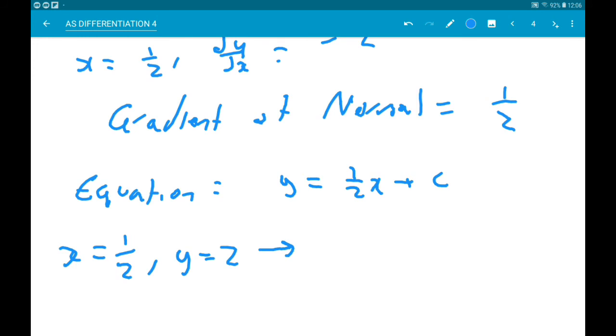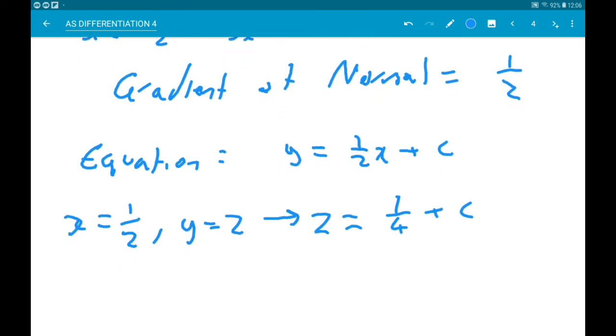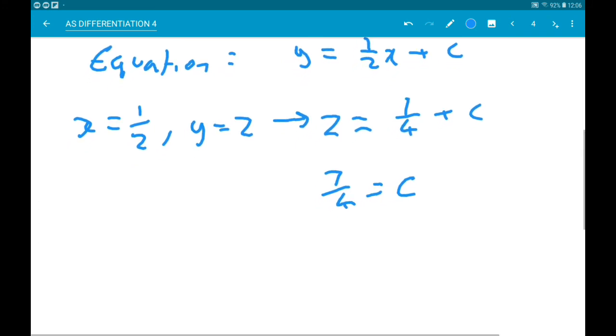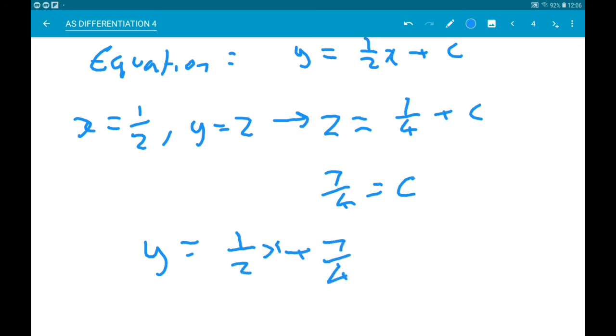So that is going to give us 2 is equal to 1/4 add c. From that, we get c is equal to 7/4. So the equation of the normal is y is 1/2 x add 7/4.